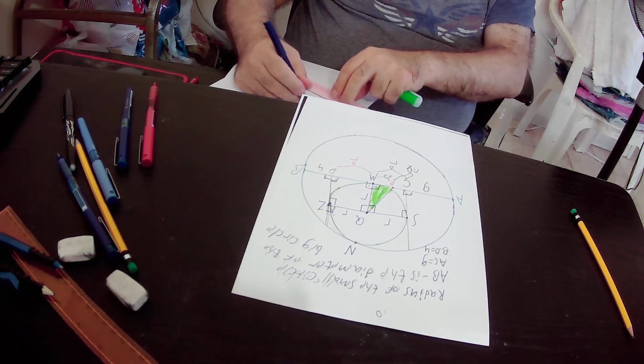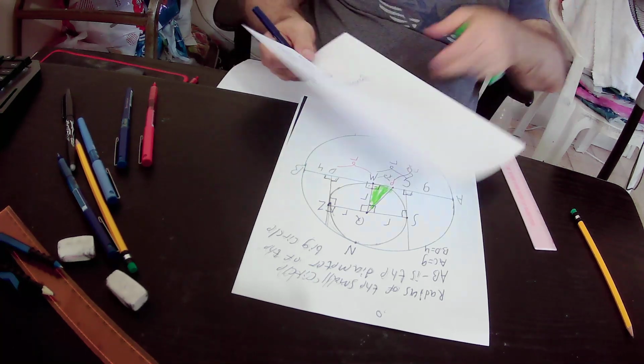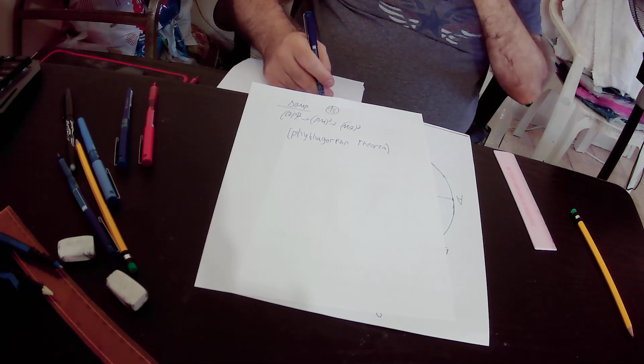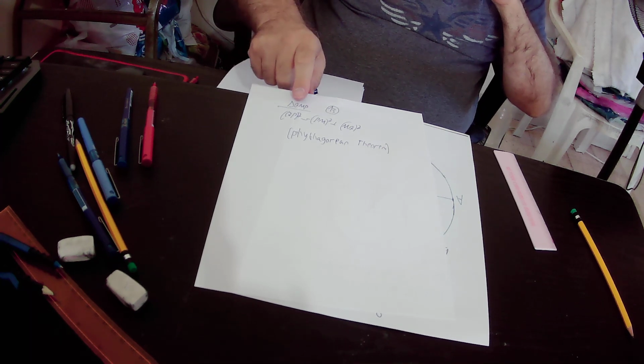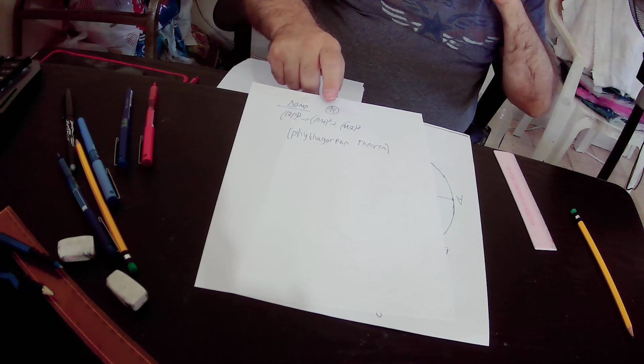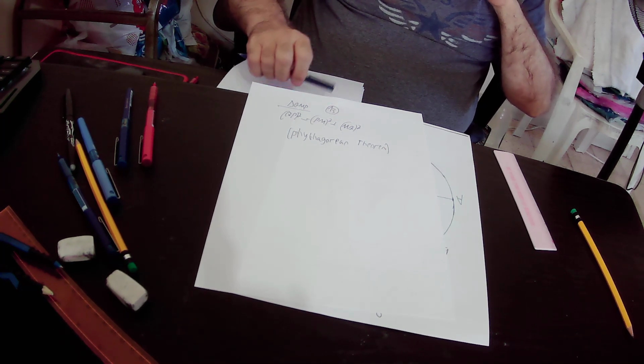Okay, again we implemented the Pythagorean theorem in triangle QMP. According to the Pythagorean theorem, QP squared equals PM squared plus QM squared.